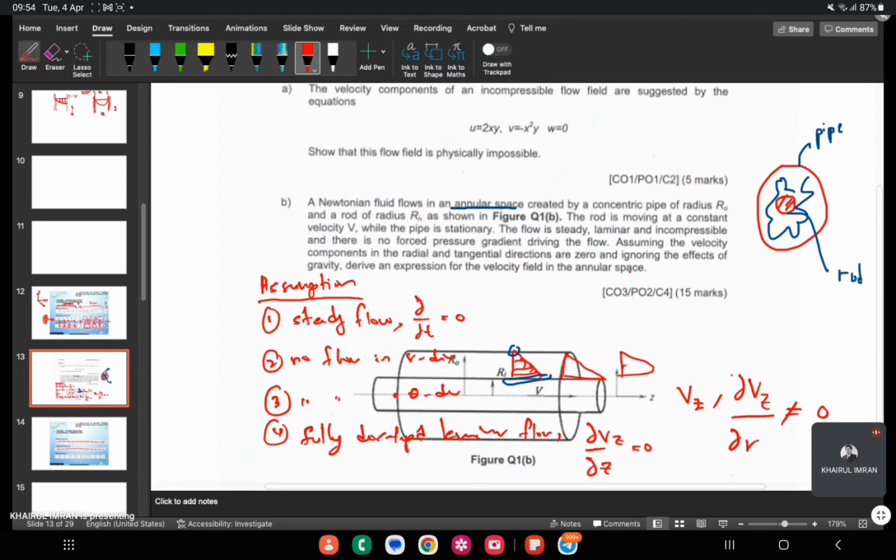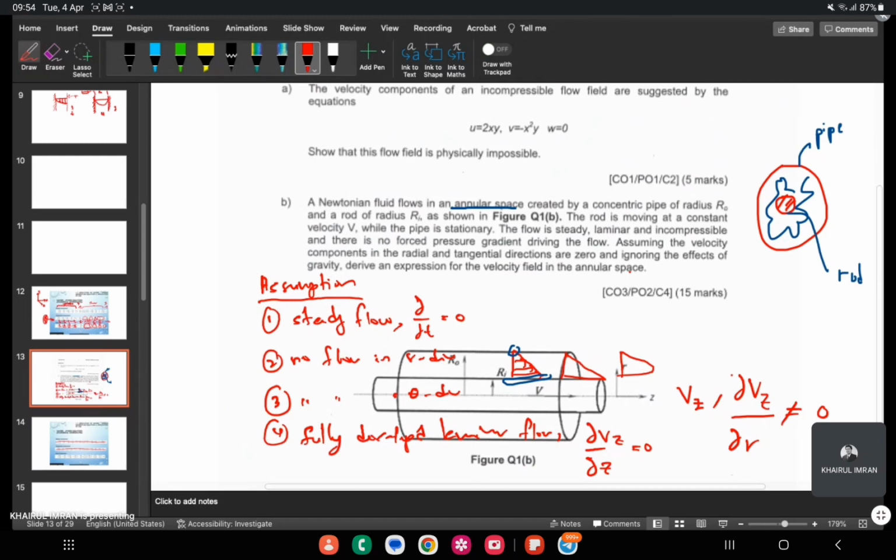Segitiga dia bentuk dia sama saja. It's no different. So it means arah Z direction, arah pipe kosong, tidak berubah. The change of velocity on Z is equals to 0. That is the meaning of that particular equation. Del Vz over del Z equals to 0.